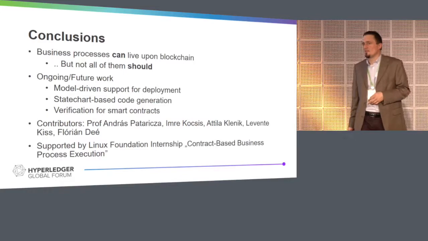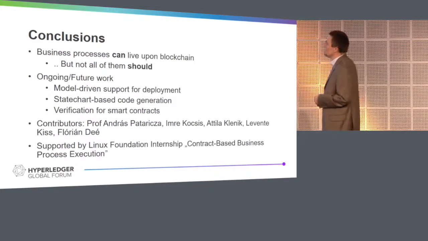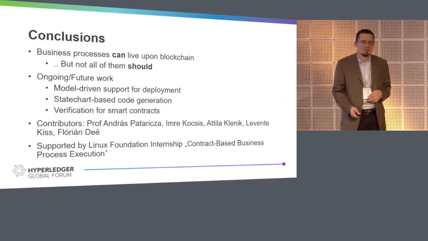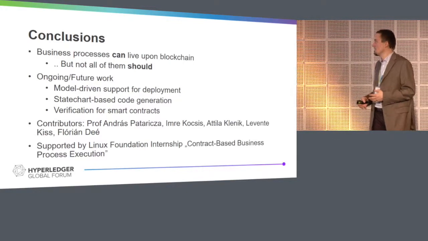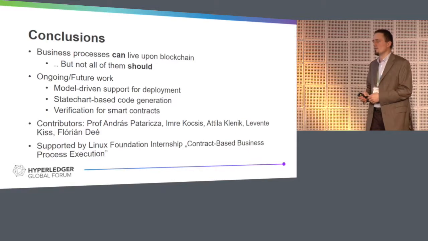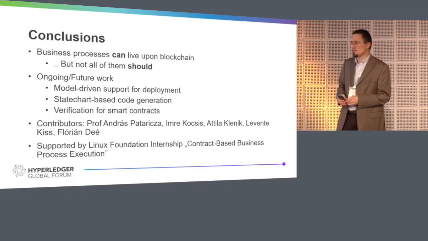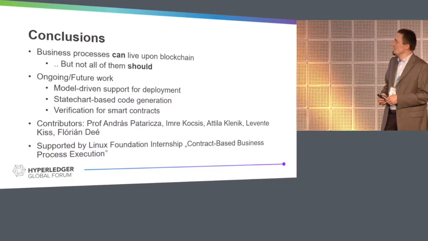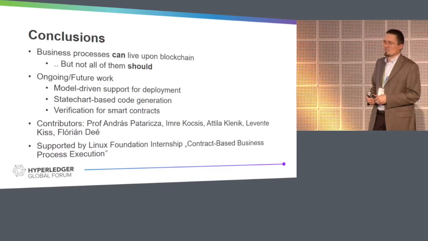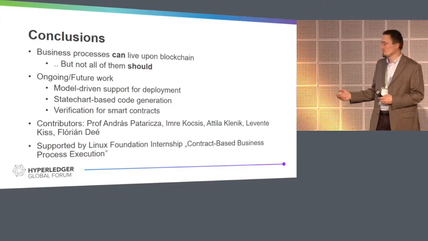So what might be the conclusions of using such solutions, which are, of course, not unique, in a way that a lot of players are now developing things to support business processes over blockchain, like IBM, Monax, Microsoft, and a lot of others. So, of course, not all business processes should be translated over blockchain.